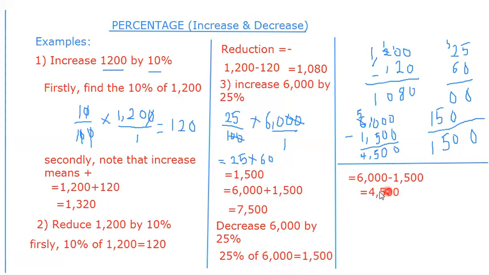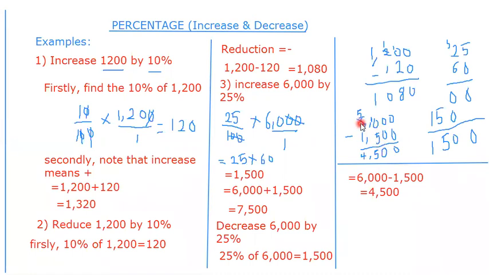So what you just have to do is to minus, to subtract. That is 6,000 minus 1,500. 0 minus 0 gives 0. 0 minus 0 gives 0. Then 0 minus 5. Don't make the mistake of turning it the other way around. Just read your mathematics the way it appears. 0 take away 5 is not possible.